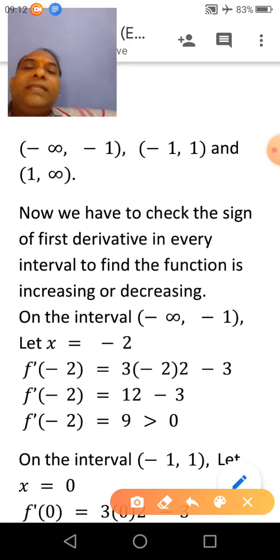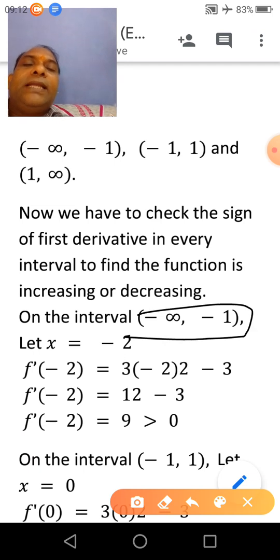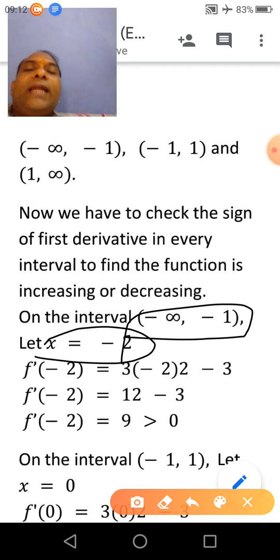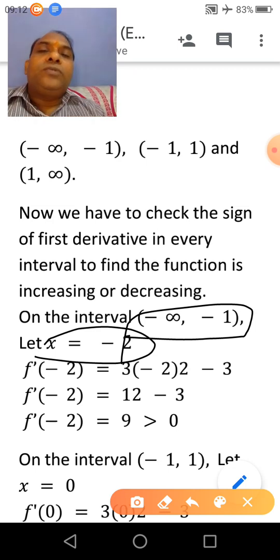Firstly check the first interval, minus infinity to minus 1. Consider any number lying in this interval. So let x is equal to minus 2. Find f dash minus 2, which means you have to put x is equal to minus 2 in f dash x.